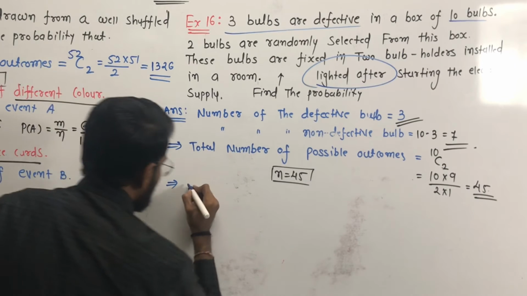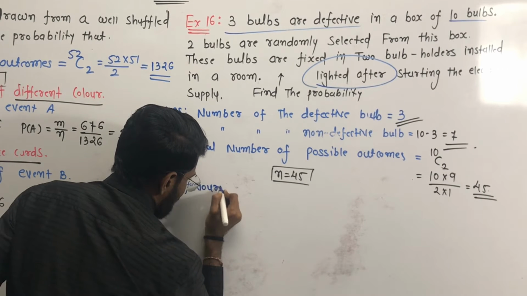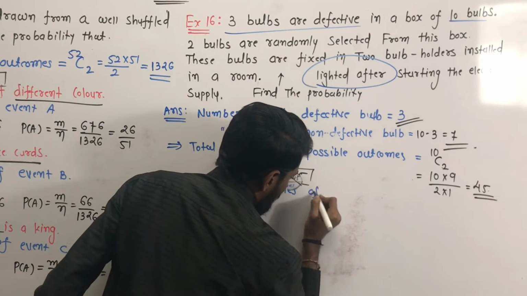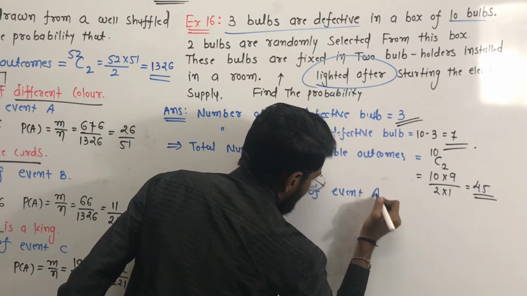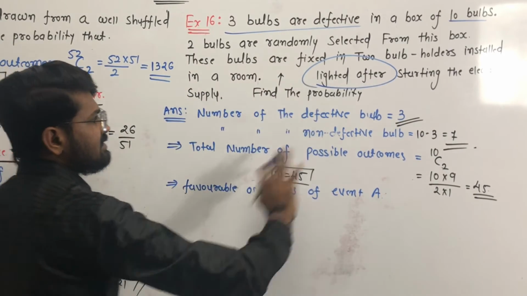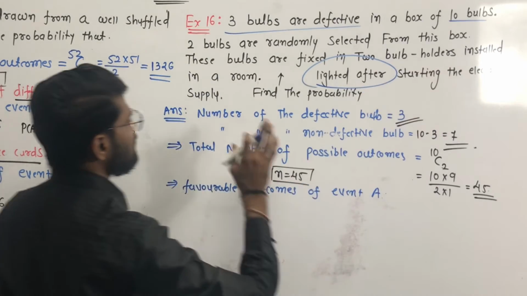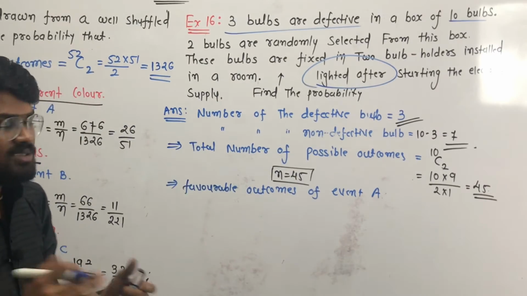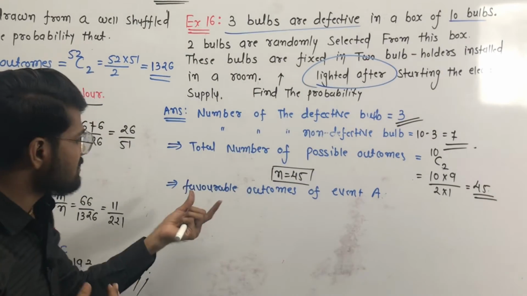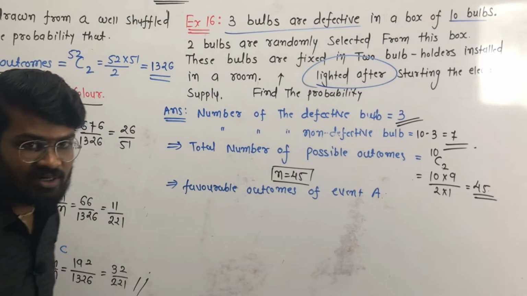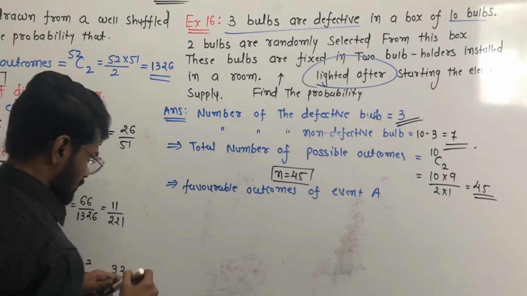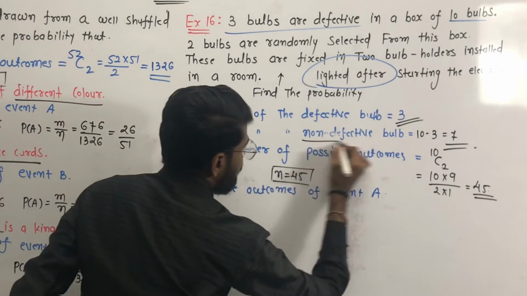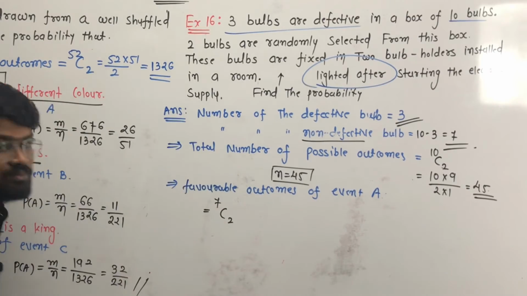So the favorable outcomes of event A: the room lighted after starting the electrical supply is our event A. First of all, we have to select 2 bulbs from the non-defective bulbs, and the non-defective bulbs will be 7.